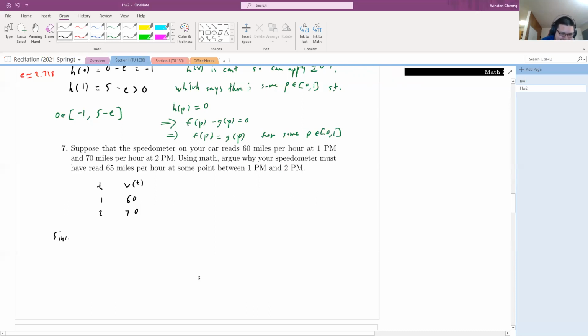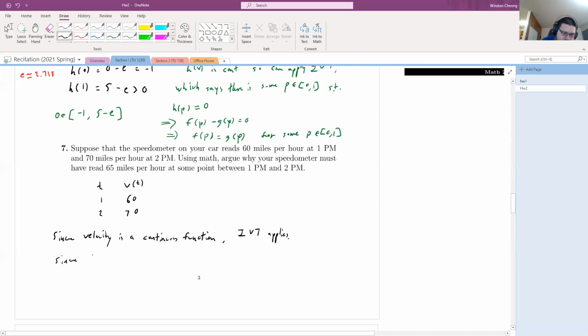So since velocity is a continuous function, at least you would hope, IVT applies.